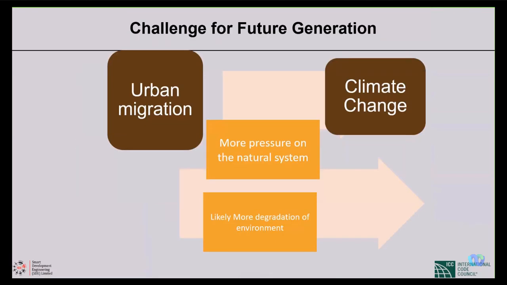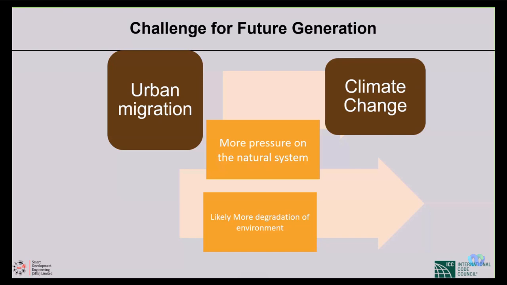Now I will give a snapshot of climate change. But why is it important? Because of the uncertainty, these are the challenges for future generations. What are the major challenges? One is that more people will come, more growth, more urban migration. Another challenge is climate change.